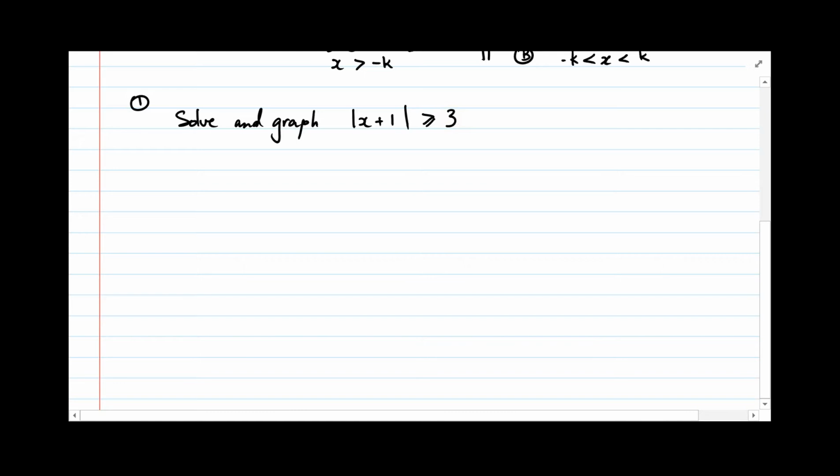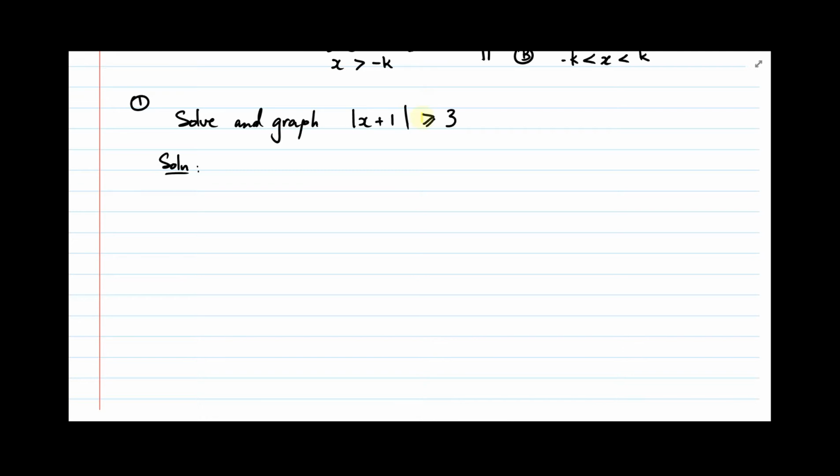I can look at this. I see already that the absolute value is on the left hand side. There's nothing on the outside. I don't have to change anything. And so I am prepared to start working. So in working out my solutions, I will say that this is an OR statement.